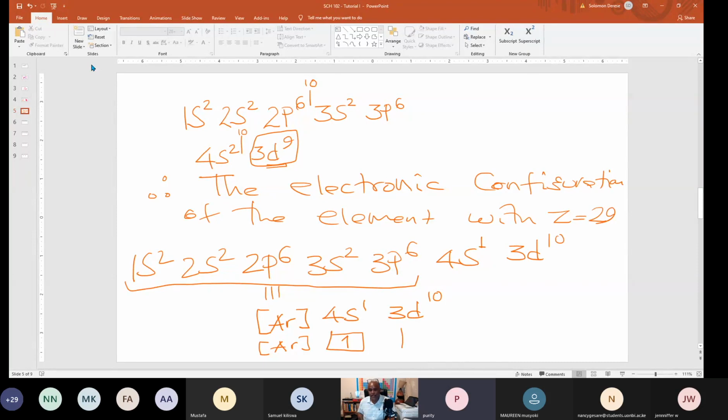And then the D has 5 orbitals. Take the D subshell and split it into 5. So we have 10 electrons. We fill 1, 2, 3, 4, 5, 6, 7, 8, 9, and 10. So this is how you write the electron configuration of the element with Z is equal to 29.